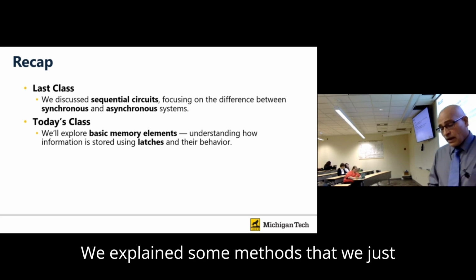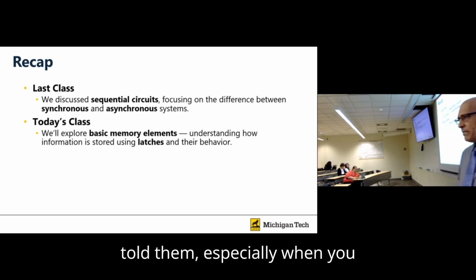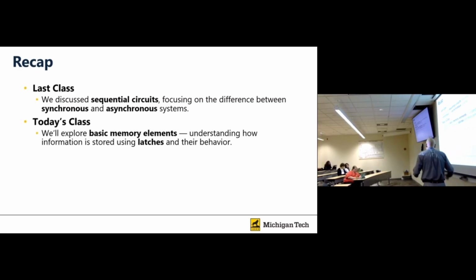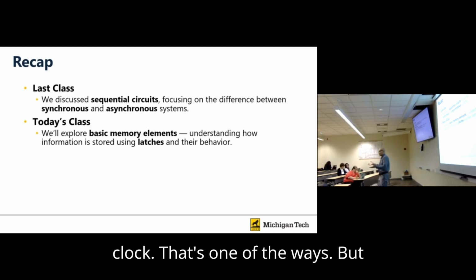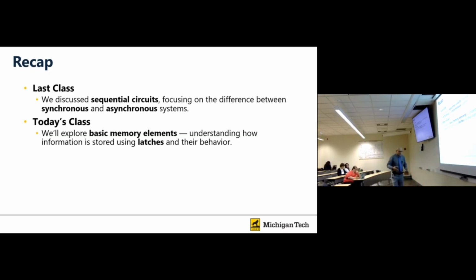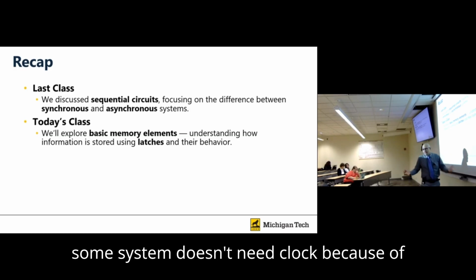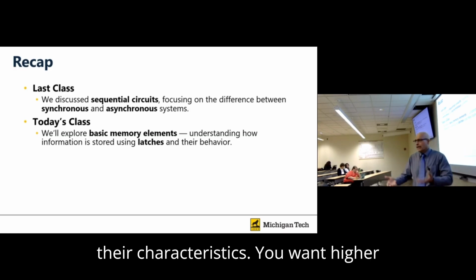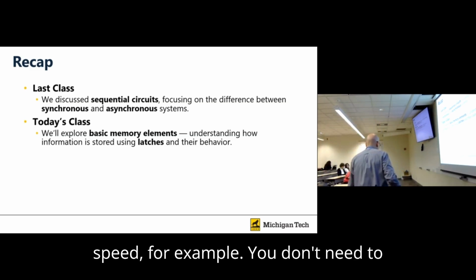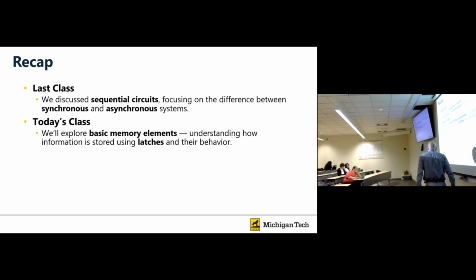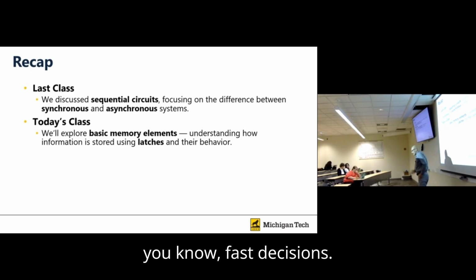We explained some methods that we can solve them, especially when you synchronize the sequence using a clock. That's one of the ways. But some systems don't need a clock because of their characteristics. You want higher speed, for example. You don't need to wait for the clock. You want to make fast decisions.